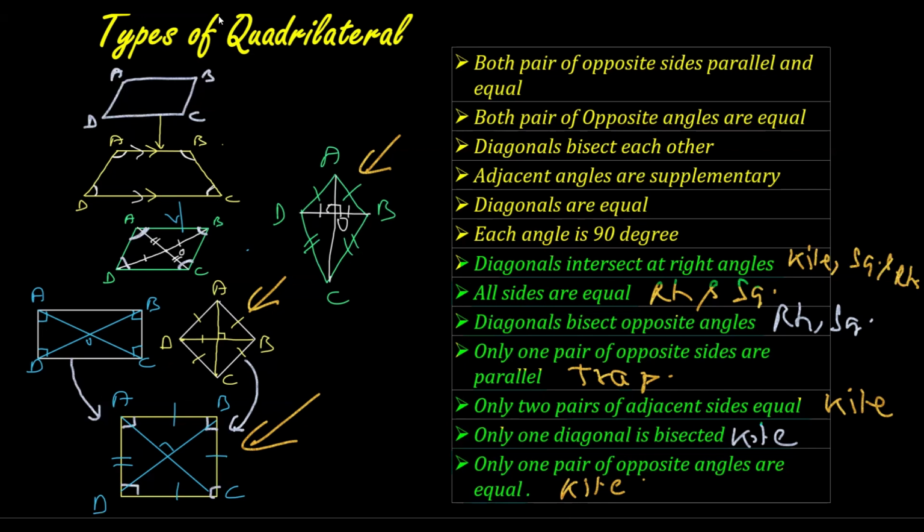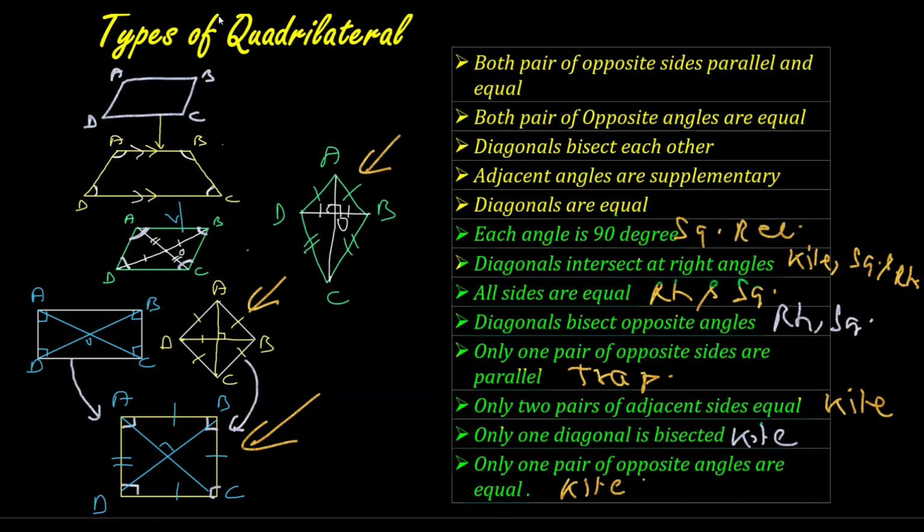Next is each angle is 90°. Each angle is 90°. That's there in a rectangle and in the case of a square. So that is square and rectangle. Next is diagonals are equal. I should have written it at the bottom.